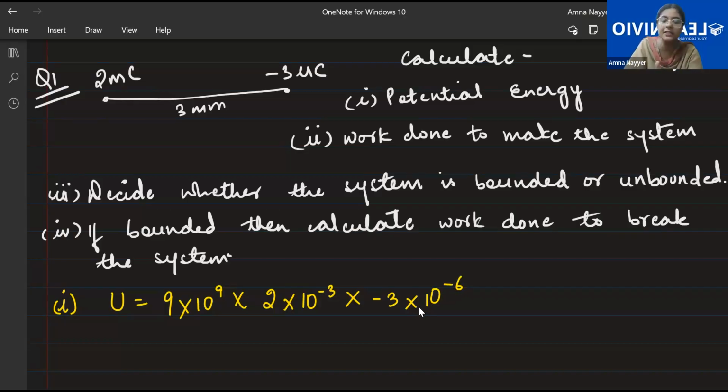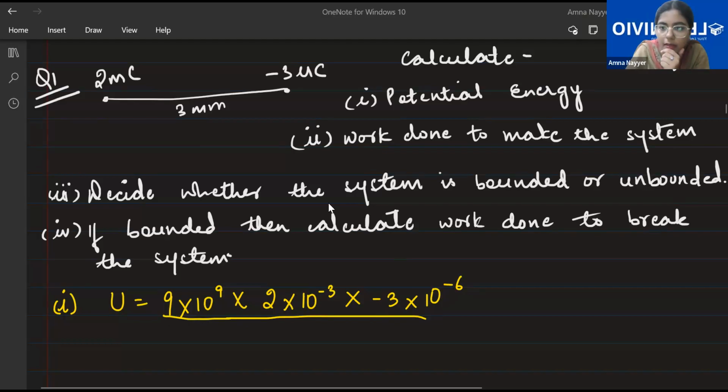See, class, she is right. Minus has to be put. Potential energy is a scalar quantity, so you have to put in the negative sign also. Marwa, what is the value of R? It's 3.